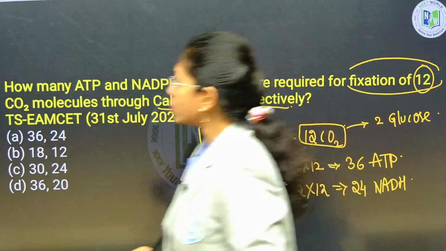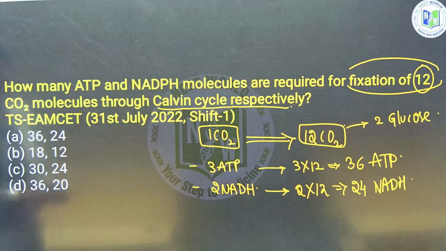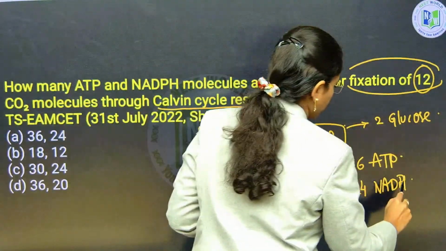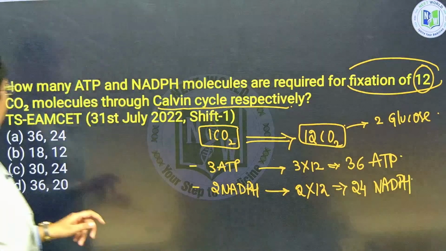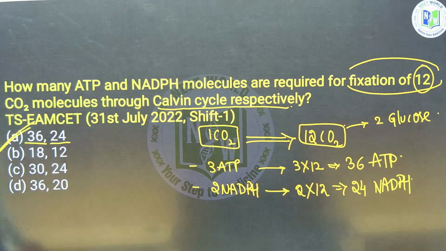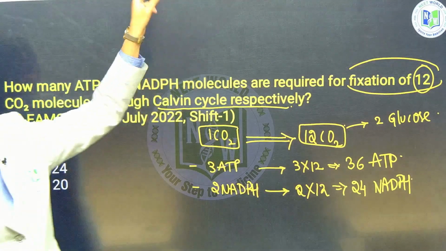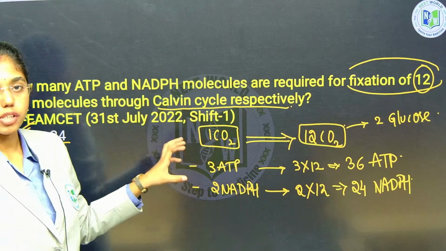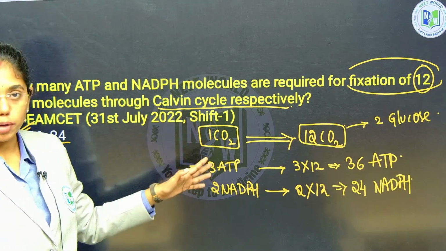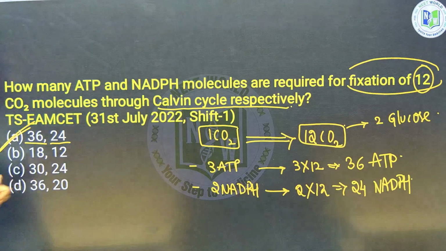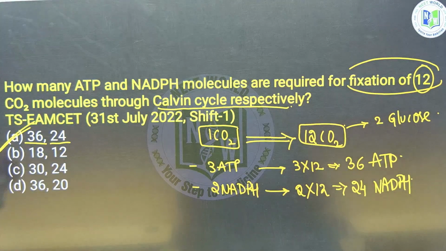Look at the answers carefully. It is 36 ATP and 24 NADPH which are required for 12 carbon dioxide to fix, and fixation of 12 carbon dioxide molecules will result in the formation of 2 glucose molecules as the products. Clear with this question? Any doubt anywhere?